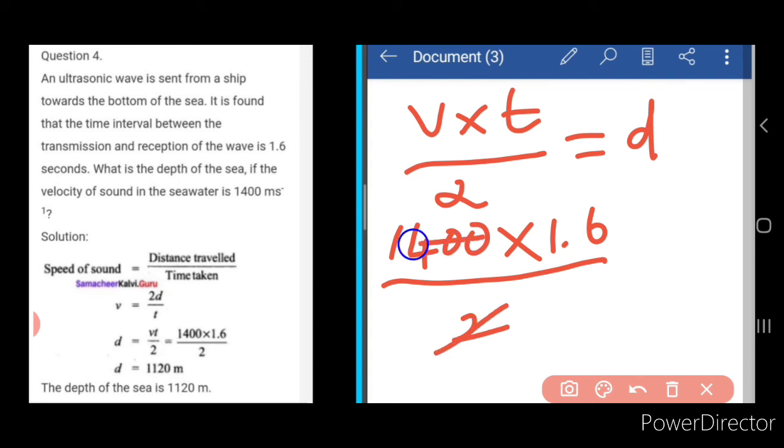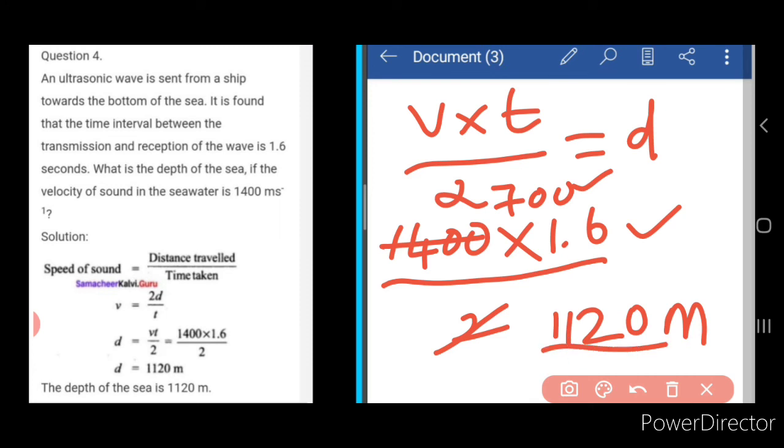Now here I can cancel by 2, so this will become 700. 700 into 1.6 is 1120 meters. So multiply 700 and 1.6, you will get 1120 meters. So the depth of the sea is 1120 meters.